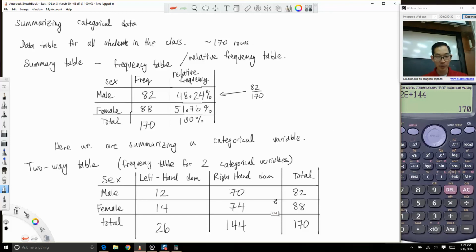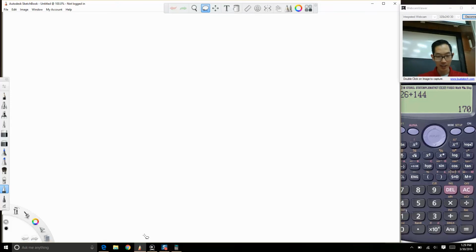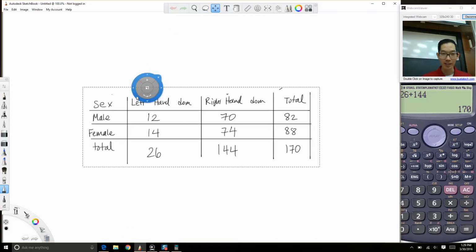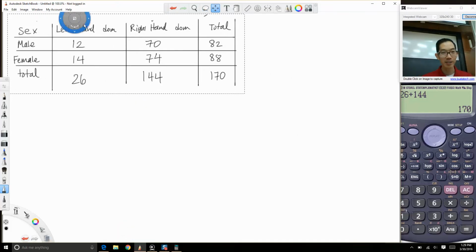Dang it. Okay, I'm going to have to just draw a loop around this thing. All right, next slide. Where's my rectangular selection tool, darn it?